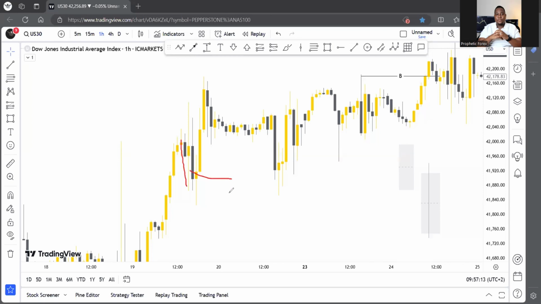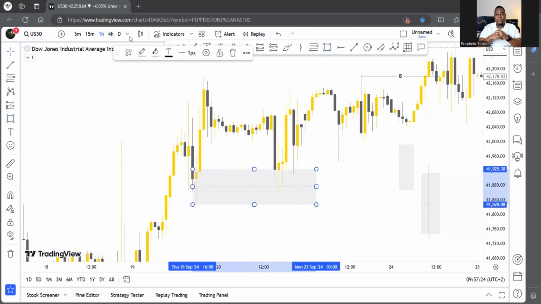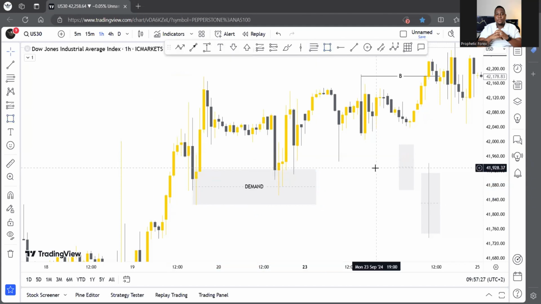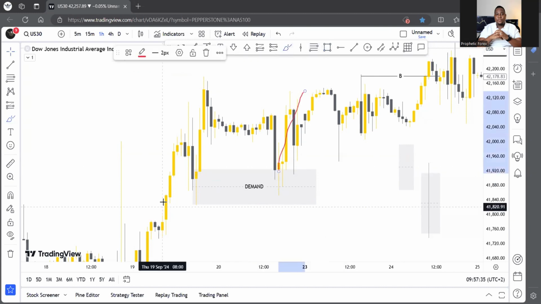We have a base over here, we have a rally, so I would have taken this and stretched it across. Then we can see that through that zone, we got a proper entry for the market to buy further and create higher highs. I could have just taken this entry instead of the fair value gap over here.